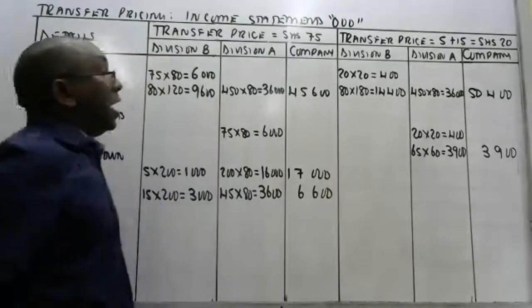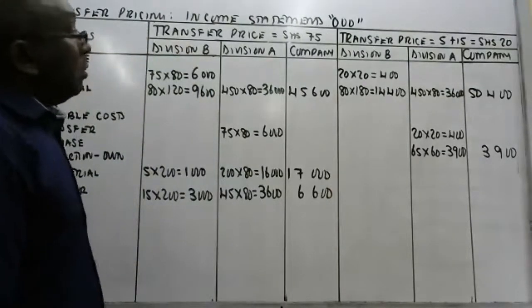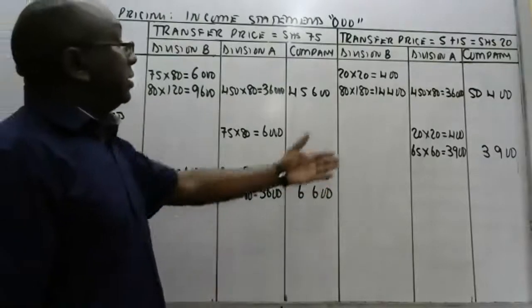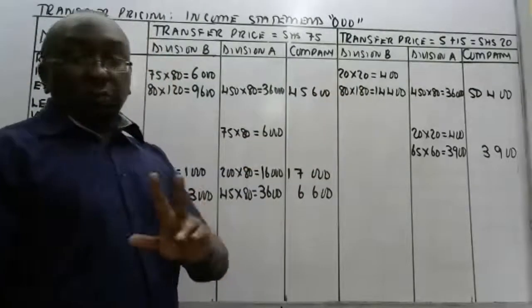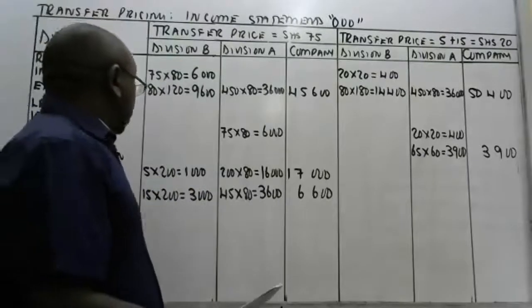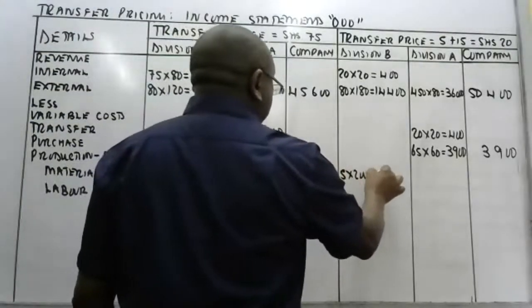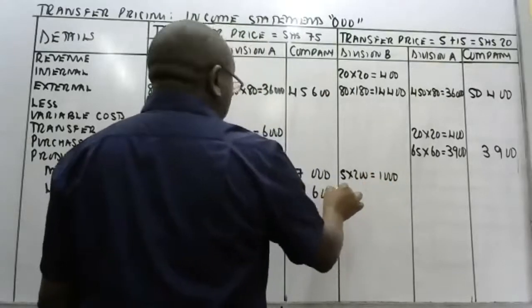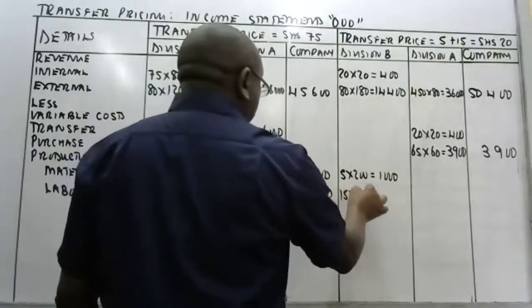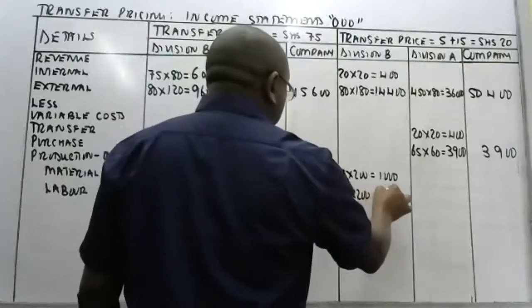Let us cross to the other side. Division B still retains its production. It's going to produce 200. So we still have 5 times 200, that is 1,000, and 15 times 200, that is 3,000.